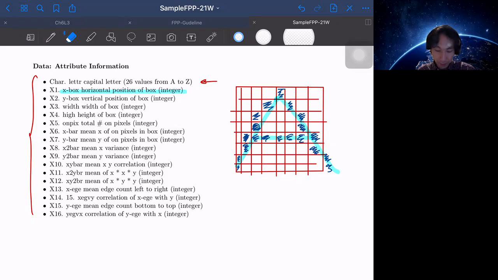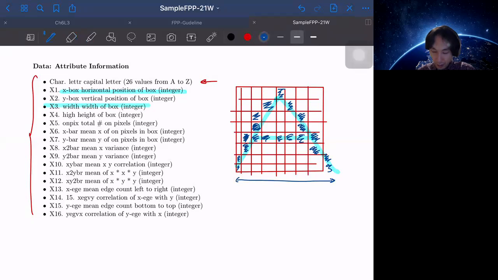But for example x3, the width of the box, probably means from here to here, right? So maybe a letter such as I has a smaller width, and a letter such as Z has a wider width, and A probably the full length.